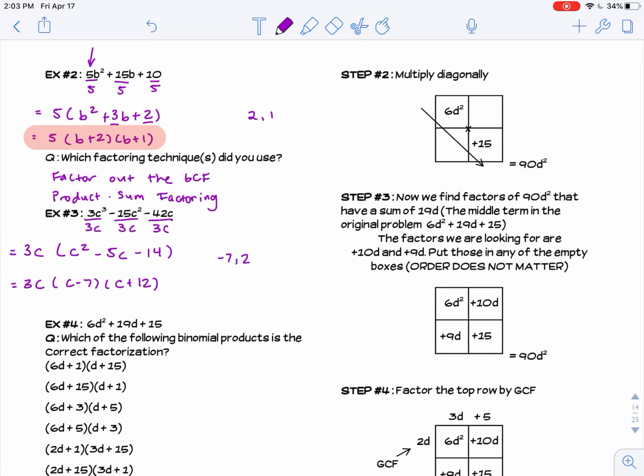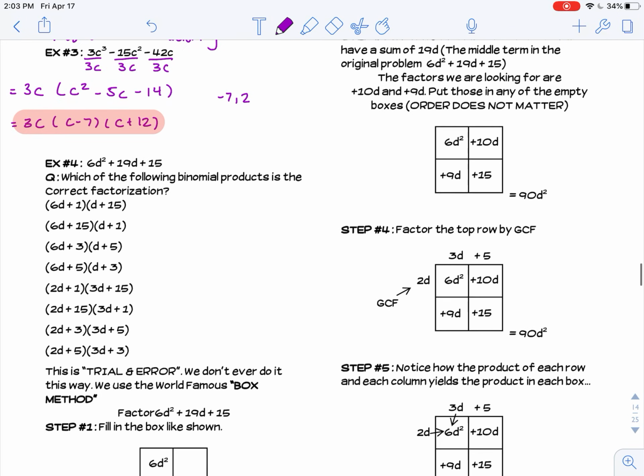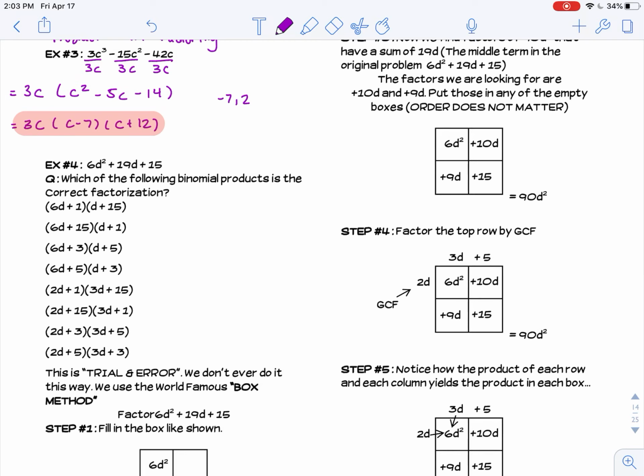So these are ways that we can manipulate our equation in order to use product sum factoring. Now, what we're going to look at in this section mainly, outside of these two steps here, is what happens if these don't work. There's other routes we can take. So for example 4, 6d squared plus 19d plus 15.